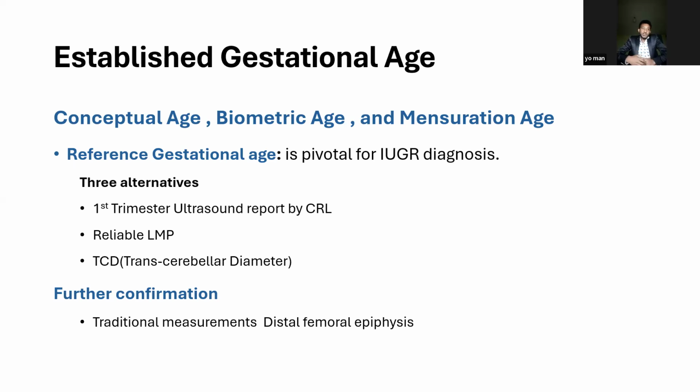But a lot of literature also says that transcerebellar diameter could be affected by nutritional status or other maternal conditions. So it's not that reliable in establishing gestational age, but practically in my setting, I use transcerebellar diameter to confirm the gestational ages established by first trimester ultrasound or reliable LMP.